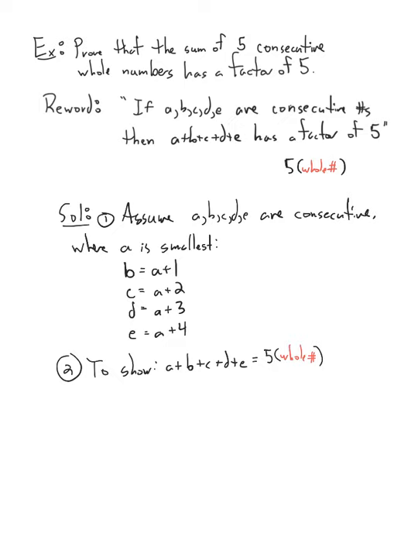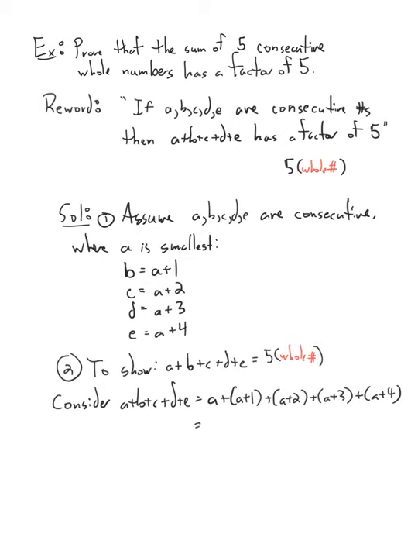All right, so let's consider our expression A plus B plus C plus D plus E. But remember, these are all consecutive, so B is A plus 1, C is A plus 2, D is A plus 3, E is A plus 4. And let's combine our like terms. We have 1, 2, 3, 4, 5 A's.